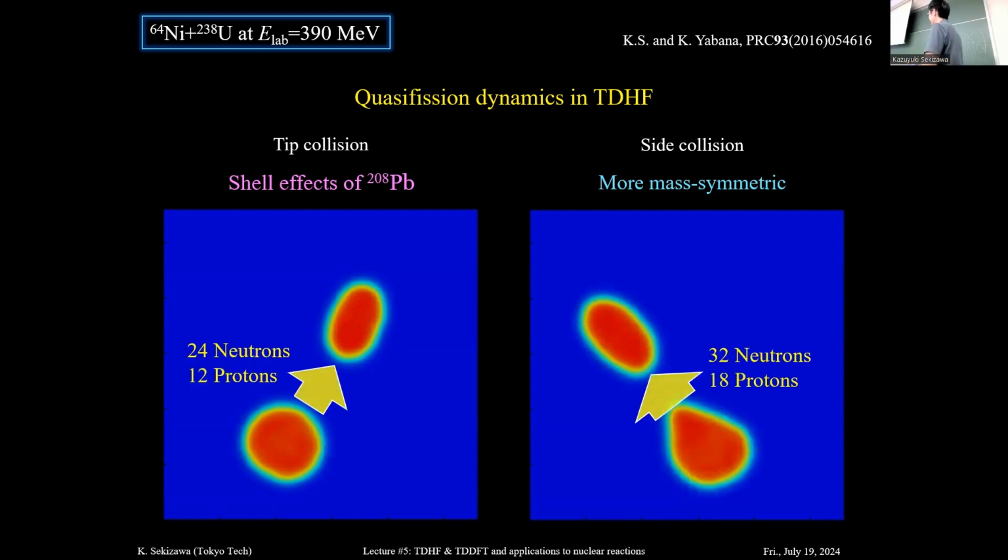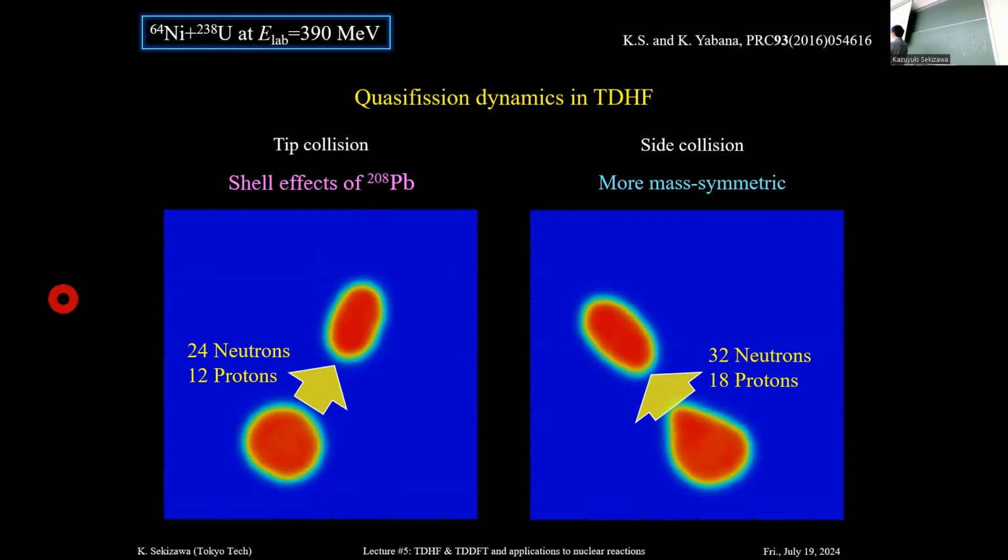And in those cases, you can calculate how many nucleons are transferred. In this case, about 36 nucleons are transferred on average. And in this case, about 50 nucleons are transferred on average from uranium to nickel. Yes.